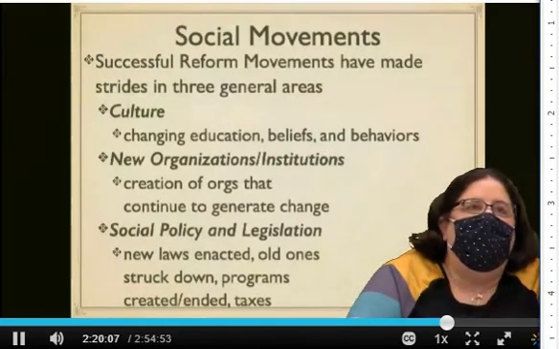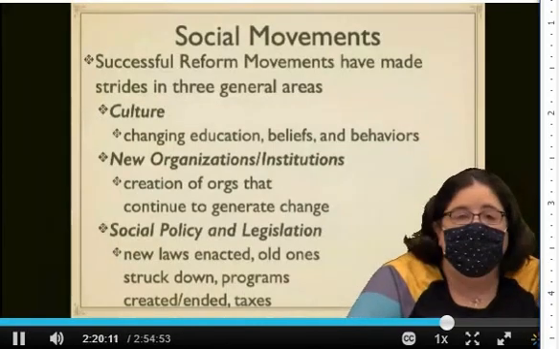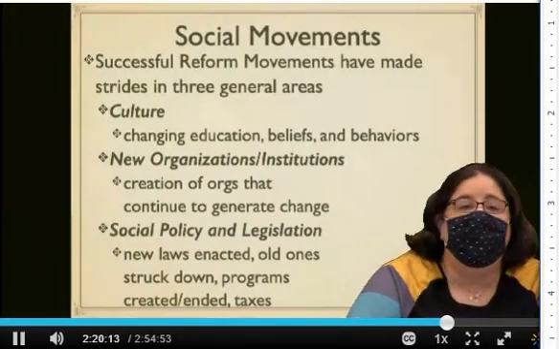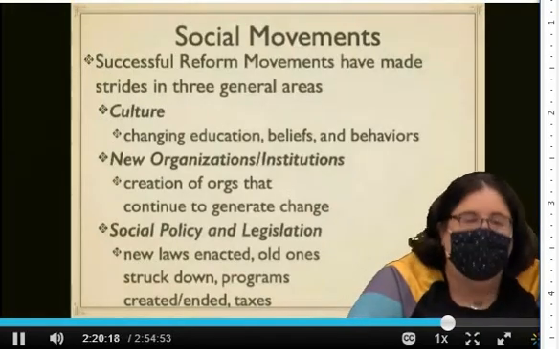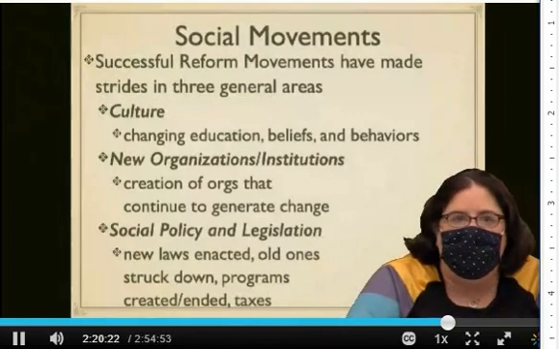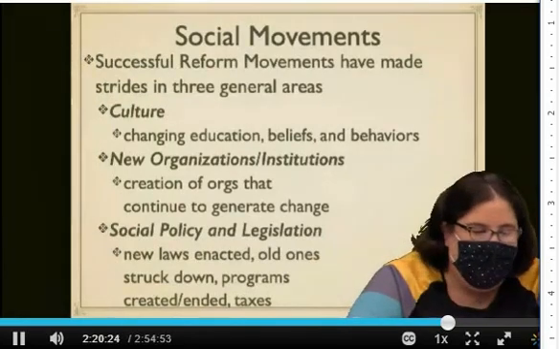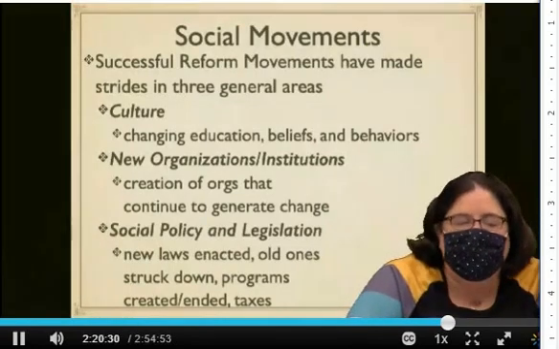Another example of a reform movement that we might be familiar with is the women's movement of the 1970s, right? There were changes to culture in the form of things like Title IX, the military accepting women, various equal pay pushes.